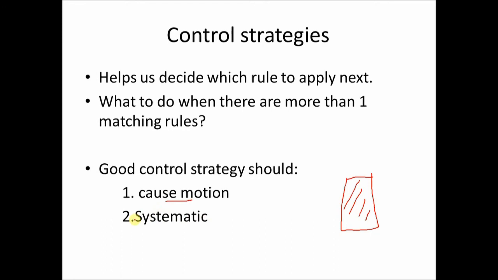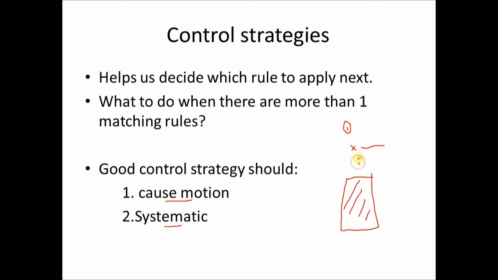And second, a control strategy should be systematic. That means the rules are supposed to be applied in a systematic manner. For example, here is a non-systematic control strategy. Suppose the first rule is applied, filling the 4-gallon jar to the fullest. Then another rule X is applied, emptying the 4-gallon jar.